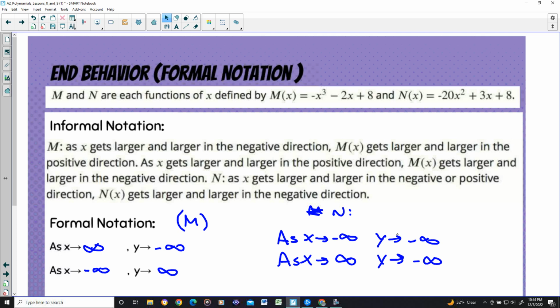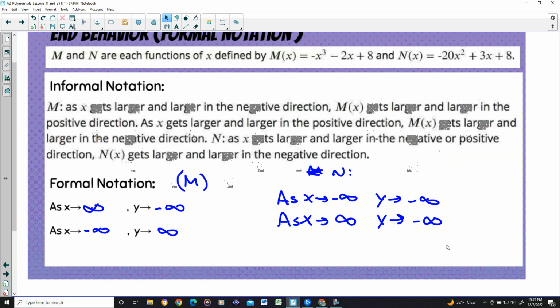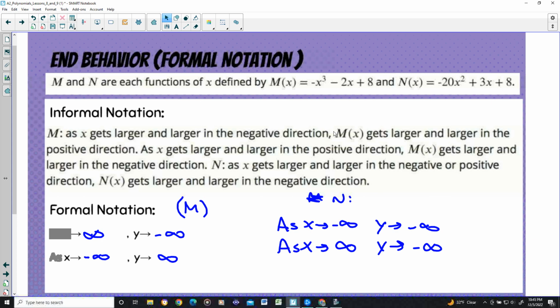And that was from the talk we had before that with an even degree but a negative coefficient, those values are all going to be automatically very large negatives. So this is now the shortcut that states all of this. Much simpler, and this is called the formal notation. The arrow means it goes to. So as x goes to negative infinity, as x gets largely negative, y gets largely negative.